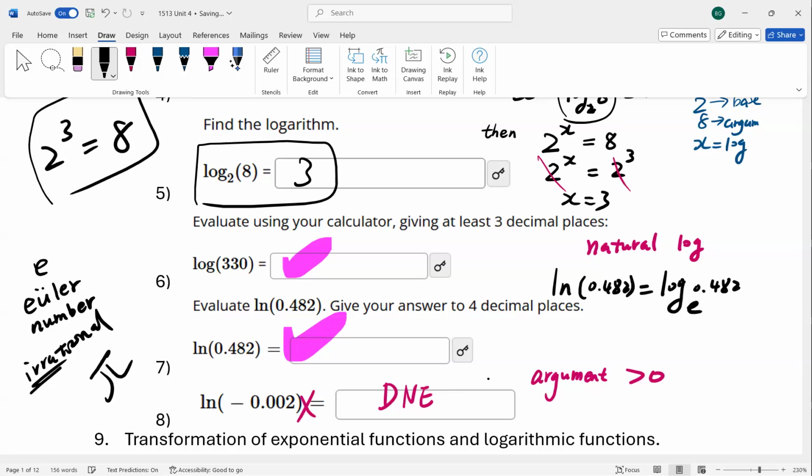Pi is the most famous irrational number, and the second most famous would be e, the Euler number. It is about equal to, that's what I remember, I have to check. Let me check quickly. What is the value of e?